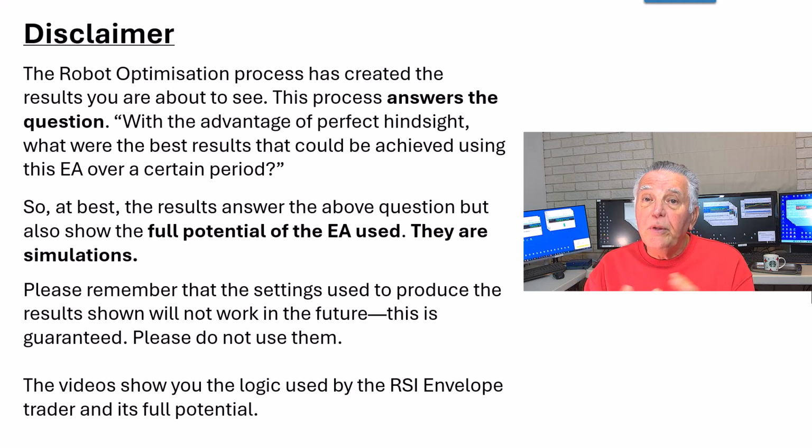So the results you're going to see today answer that particular question, but they also show you the potential of the EA compared to other EAs and to your requirements. But remember, those answers are unlikely to repeat into the future, and we discourage you from using those particular settings. This video will show you the logic of the RSI Envelope Trader.